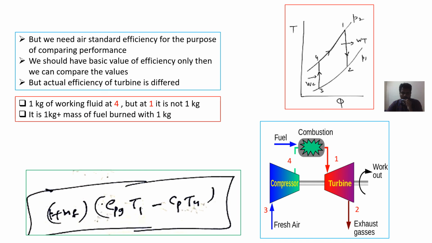Say 1 kg of air, but in the combustion chamber we are adding fuel also, so I have written mass of the fuel. So totally 1 kg of air plus mass of the fuel into Cp of gas T1 minus Cp T4. So this is the equation for heat transfer in the process 4 to 1.